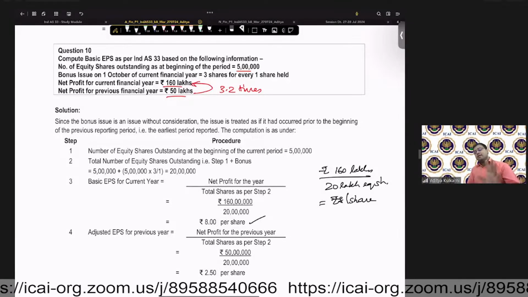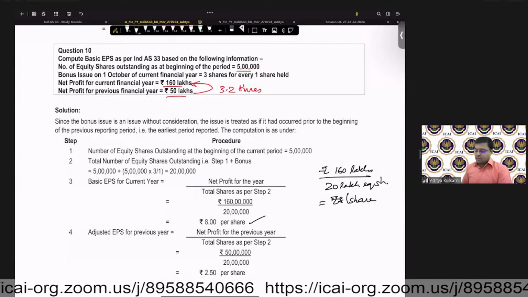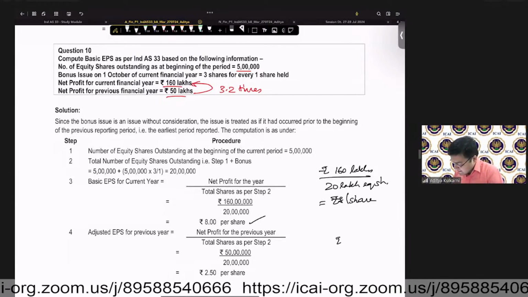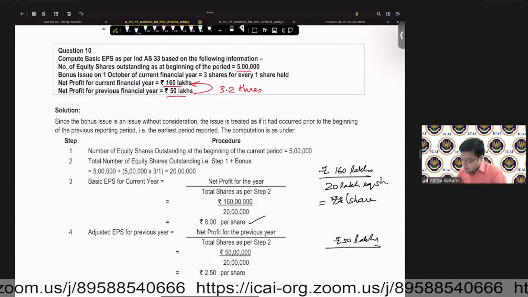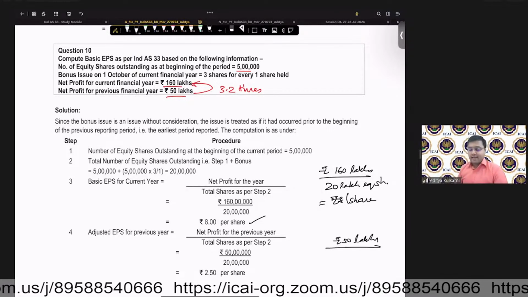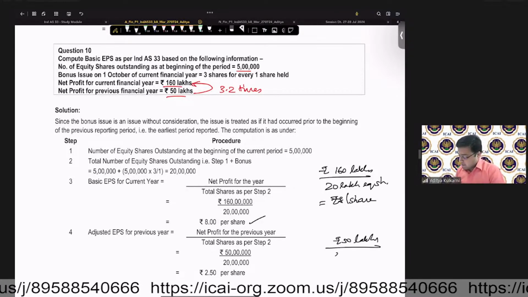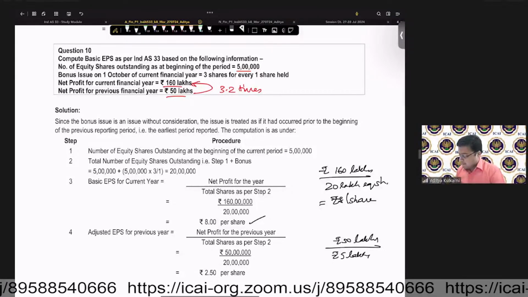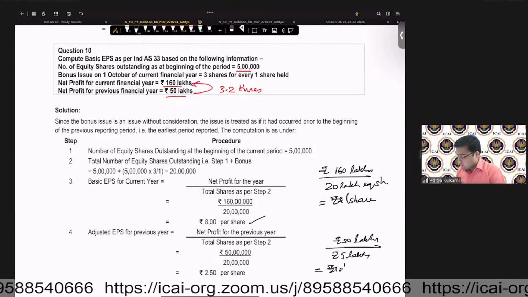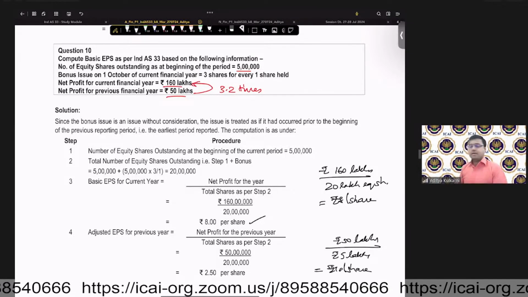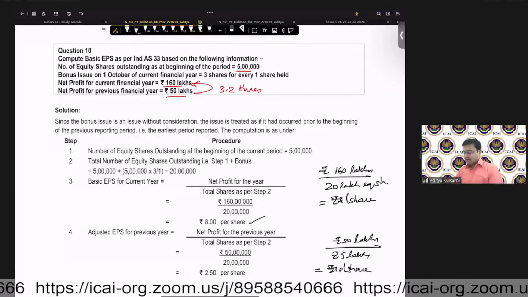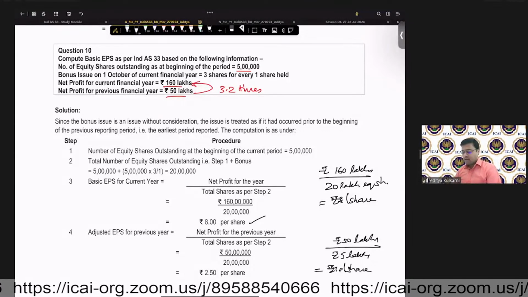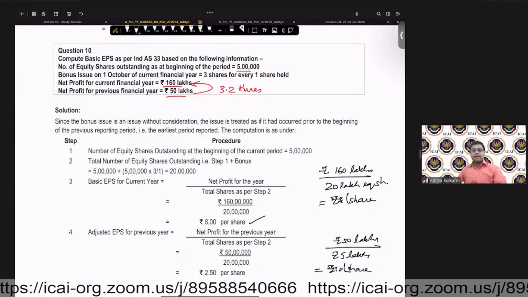But look at the reader of financial statements. He will look at last year. Rupees 50 lakhs, okay, divided by the number of shares of last year, so 5 lakhs. And then he will say, look, rupees 10 per share is my basic EPS of the last year.